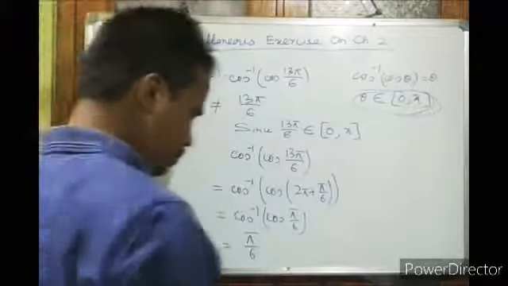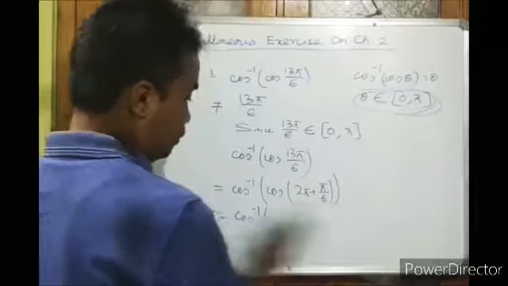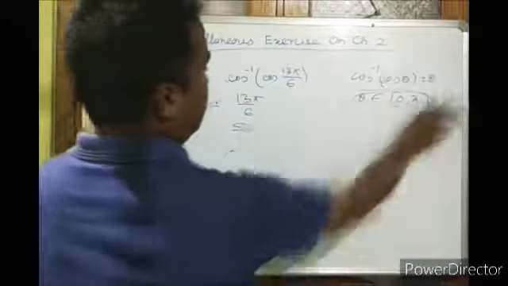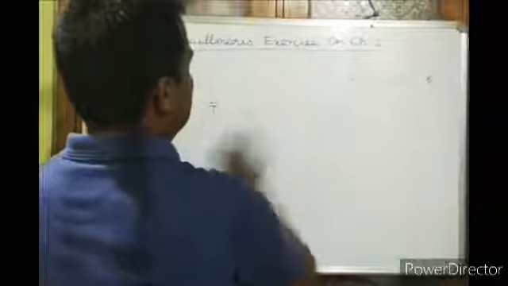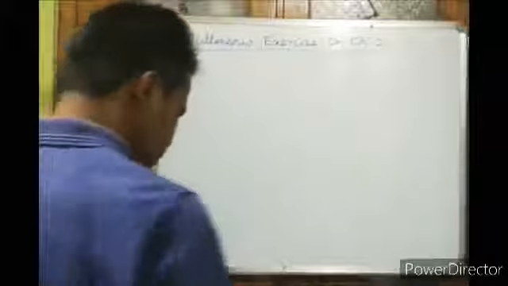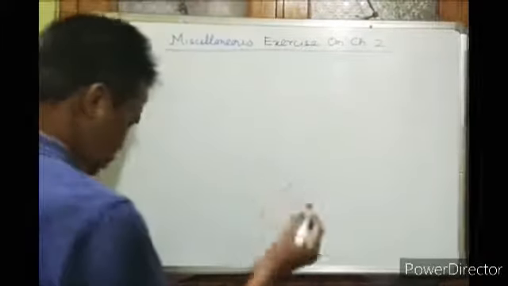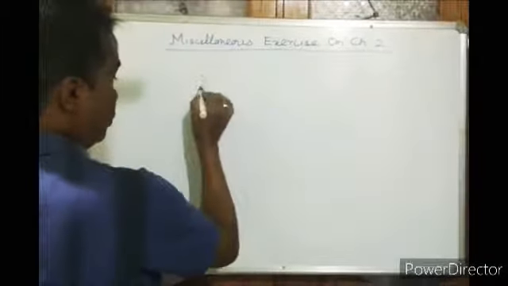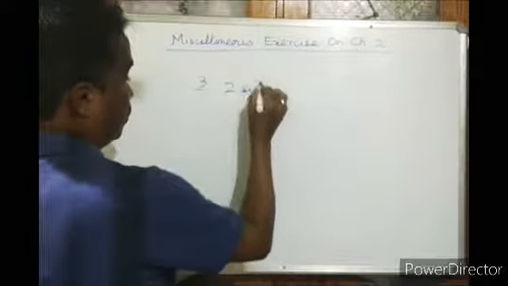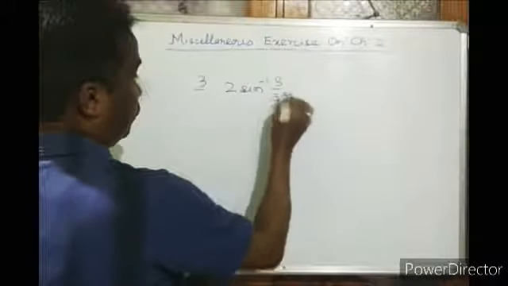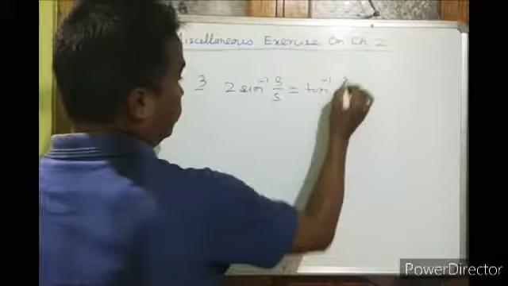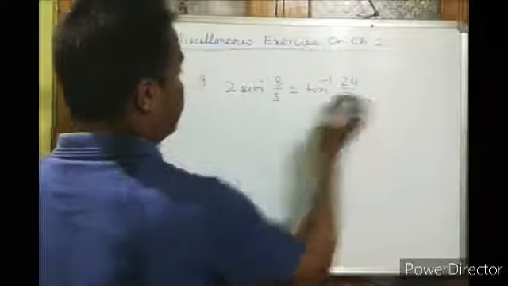So let us try another one. Question number 3: 2 sin inverse 3 by 5 is equal to tan inverse 24 by 7.